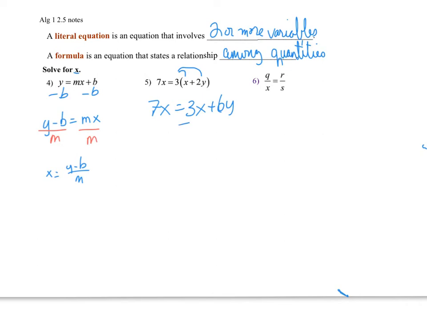So I'm going to go ahead and subtract 3x on both sides, and then I'm going to be left with 4x is equal to 6y. Okay, so the next thing that I'm going to do is simply divide both sides by 4, and then I'm going to have x all by itself. I'm going to go ahead and reduce that too, so I'm going to have 3y over 2. Okay?